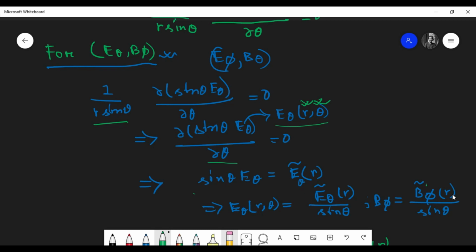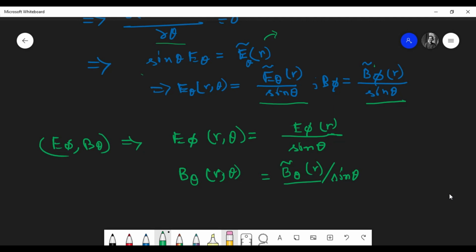We can write it as a function of r, which is called E tilde theta of r. Now we can just simplify it to get this. And as B phi also satisfies a similar type of equation, B phi will also have a similar solution.